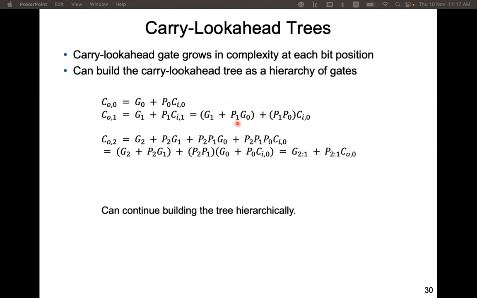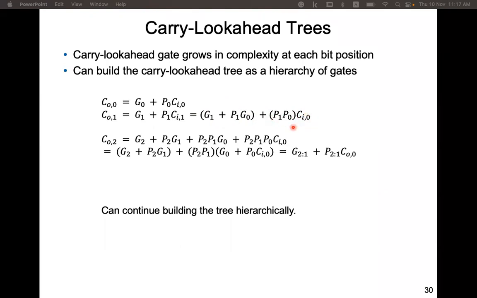This is the generate of this 2-bit group, bit 0 and bit 1 combined as one group. And this is the propagate. P1 times P0 is the net propagation of this group.